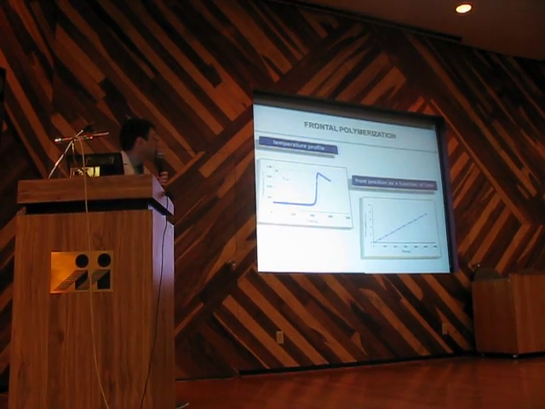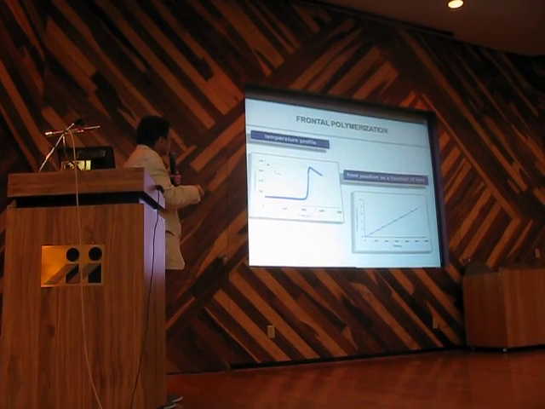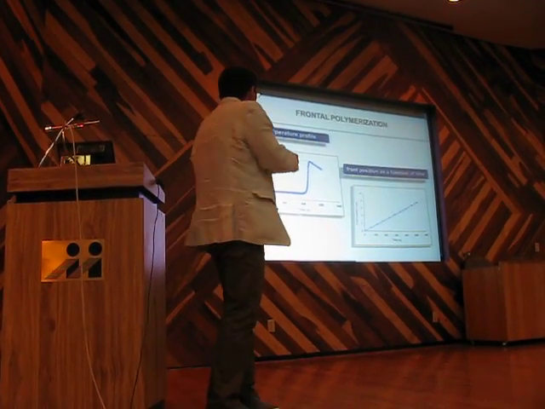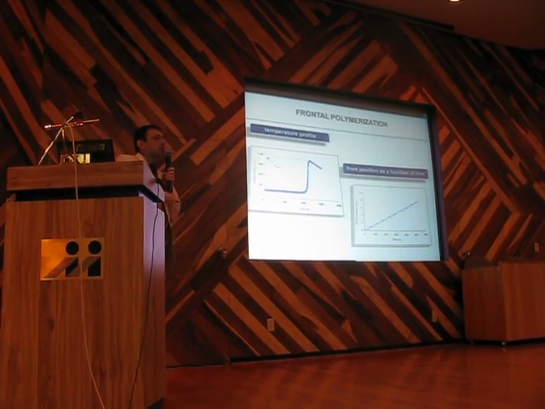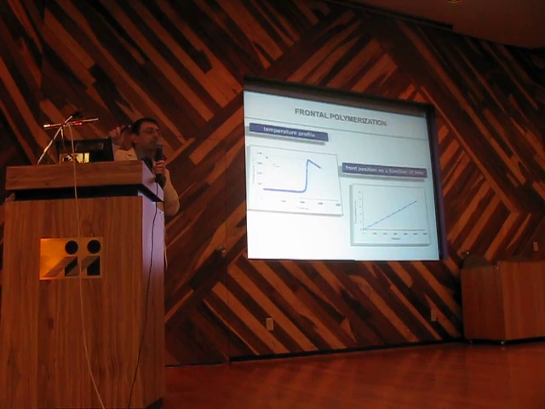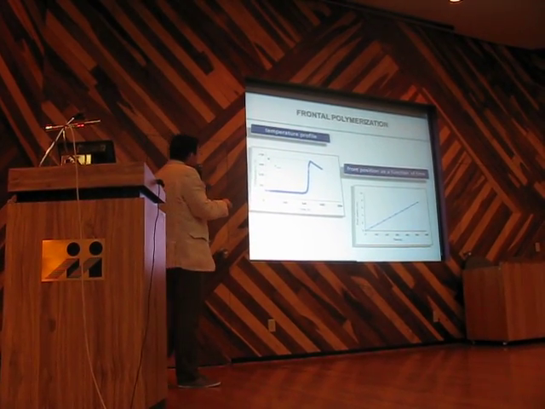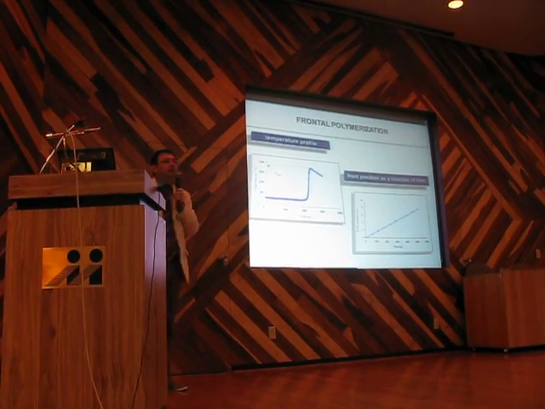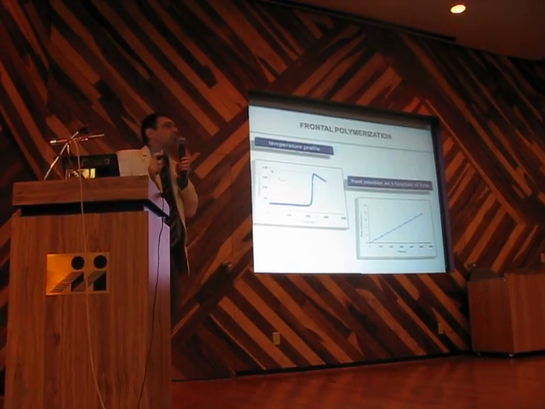Now, if we record the temperature as a function of time, we have this temperature profile, which is what the junction read. And you can see we have the first zone, which is horizontal. It means that frontal polymerization is pure.